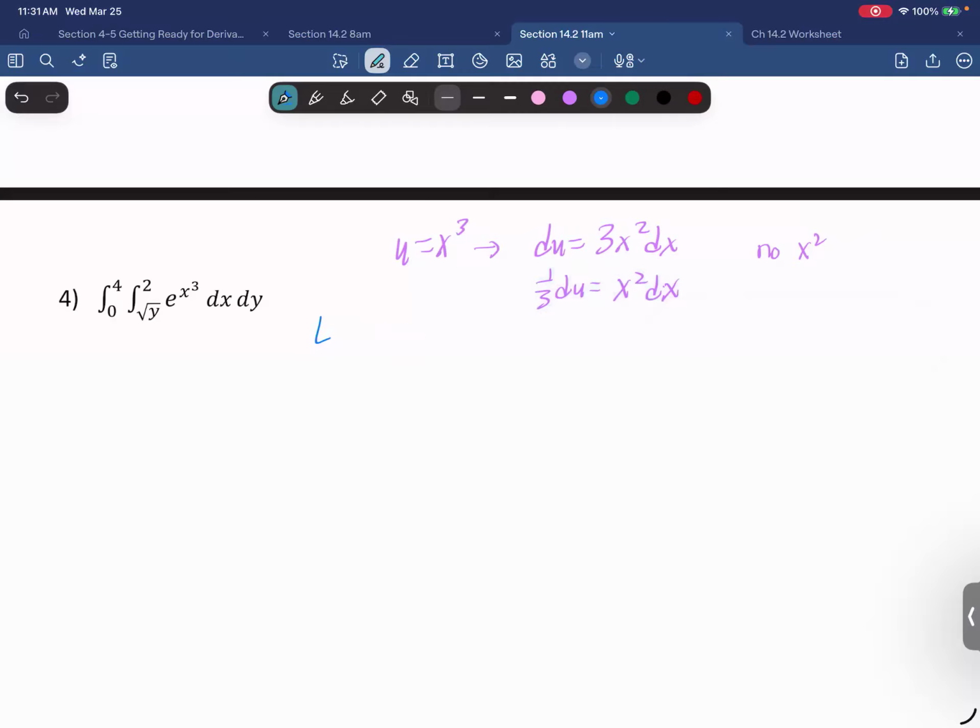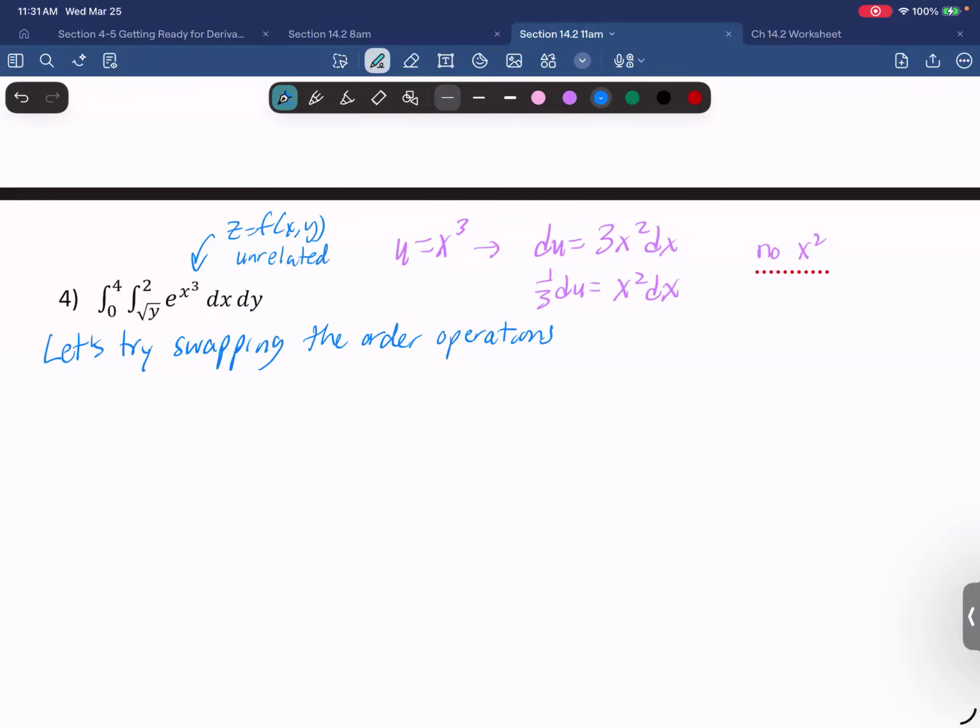The way we go about doing that is drawing a picture. Now remember, this is like z equals f of x, y, and it's unrelated to boundaries in x, y.